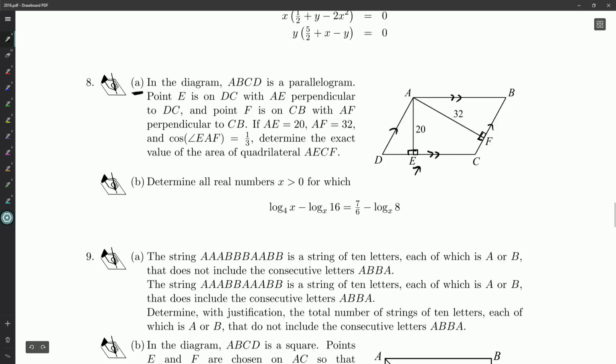So right angles there. We're told AE is 20, AF is 32, and the cosine of EAF, so this angle in here, is 1/3. Alright, determine the exact value of the area of quadrilateral AECF.